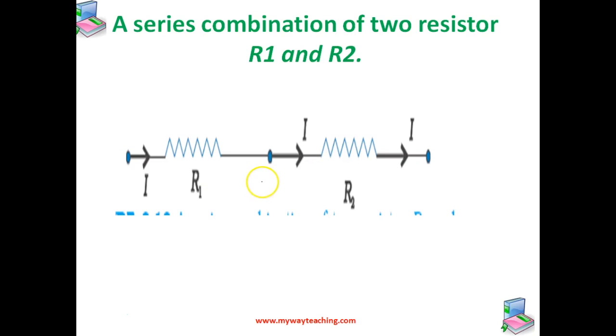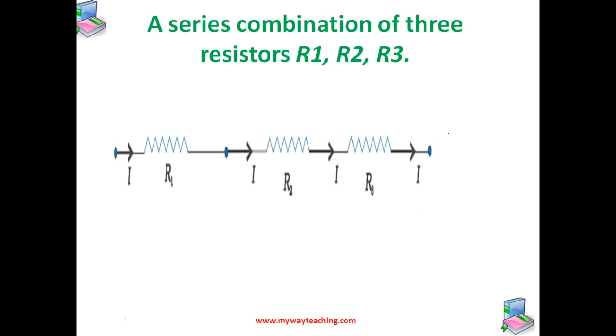If a third resistor is joined with the series combination of the two, then all three are said to be in series. So if you add one more resistance to this, then all these three are in series, isn't it? You can see here a series combination of three resistors R1, R2 and R3.